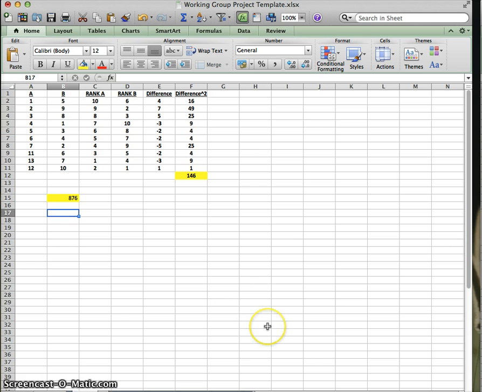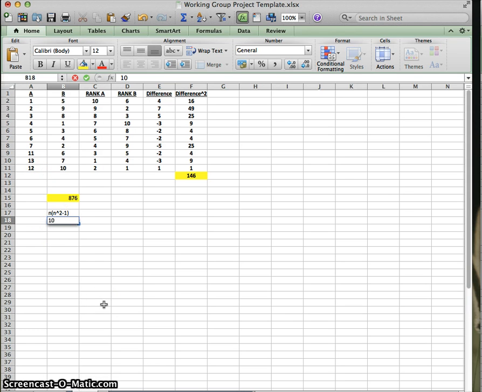The next formula we have to compute as part of the Spearman rank is n, the total number of data points, times n squared minus 1. I really butchered that: n times n squared minus 1. To do that, we have 1, 2, 3, 4, 5, 6, 7, 8, 9, 10 data points across.